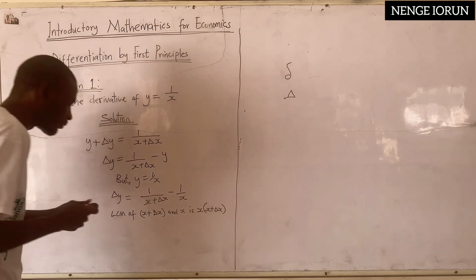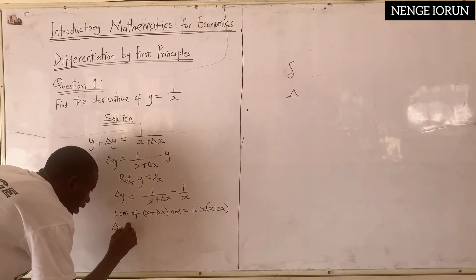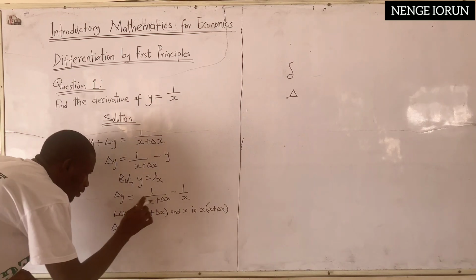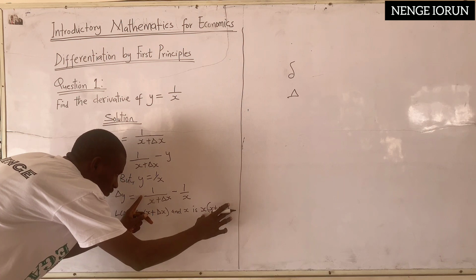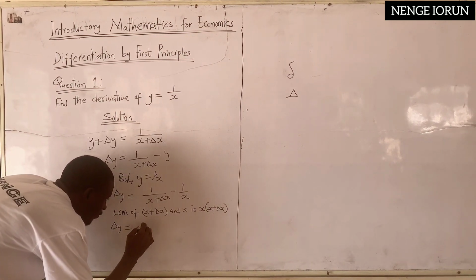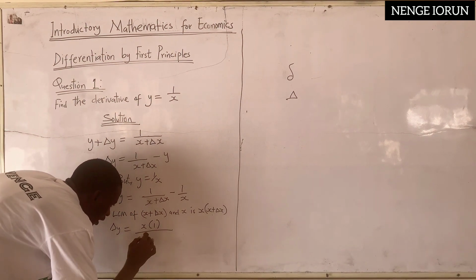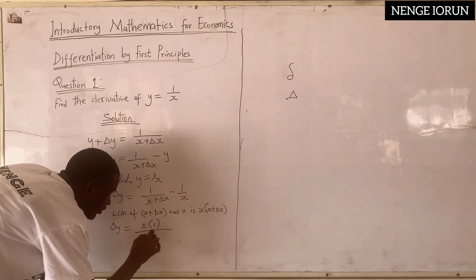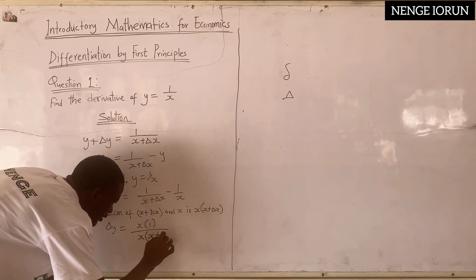So by so doing, you will have delta y is equal to, multiply this here by this LCM, you discover that what is lacking here, you will have x into 1 over x into x plus delta x.